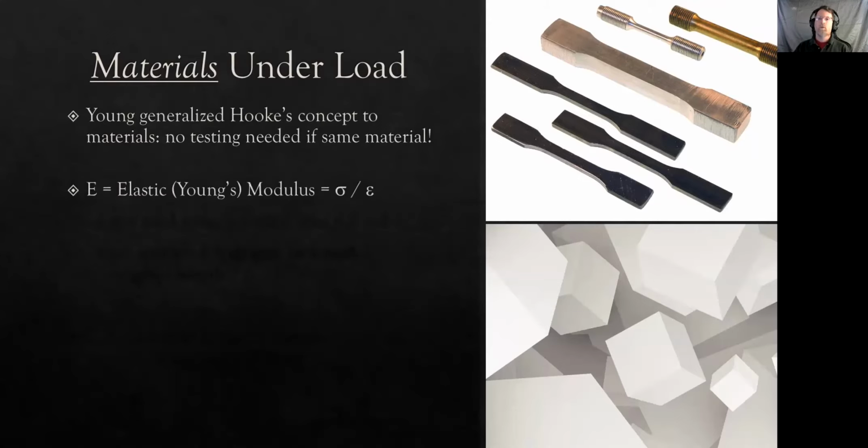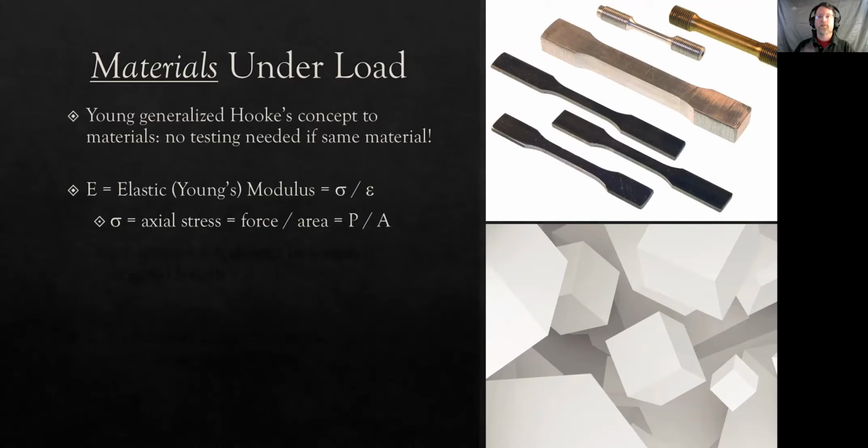So what he developed was a similar thing. In this case, E, instead of the spring constant, we have this elastic modulus, which is equal to the stress divided by the strain. I know we've already talked about stress. This is the axial stress, which is force divided by area. Notice that for the spring, we had force in here too, but in this case, we're dividing it by the area.